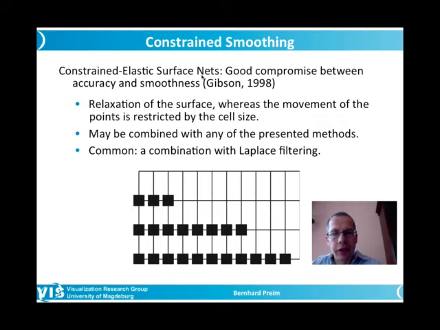Here, the relaxation of the surface is constrained by the grid resolution that we have, such that every point can only be translated within the grid cell to which it belongs.